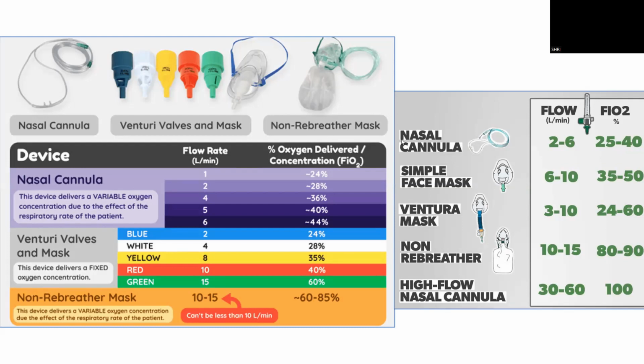I prefer either a simple face mask or a non-rebreathing face mask. The non-rebreathing face mask is so important because you're going to apply a significant amount of oxygen to the patient.